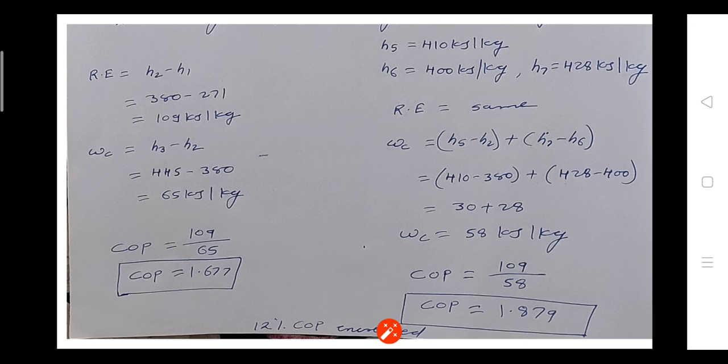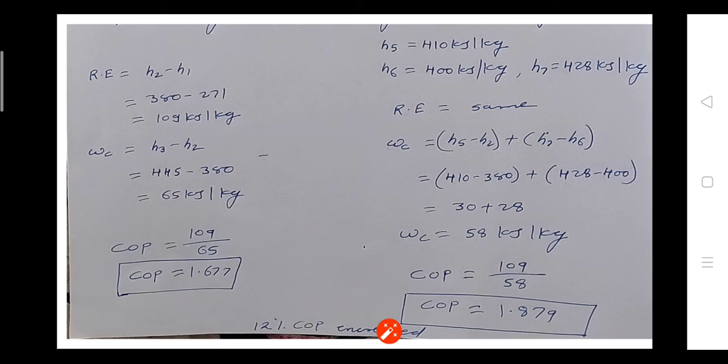Addition of these two gives the total work done on the compressors, or the total work energy consumed by the compressors used in that refrigeration system. If you do the calculation, you will get the total work as 58 kilojoule per kg.